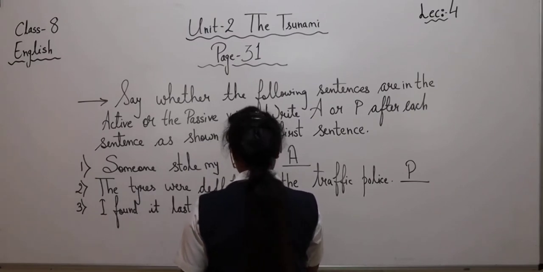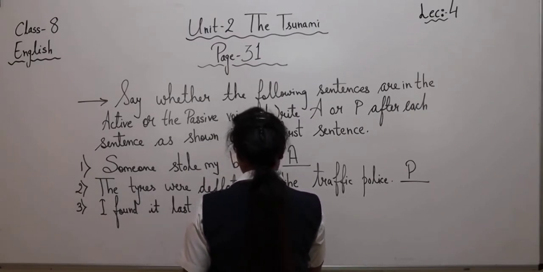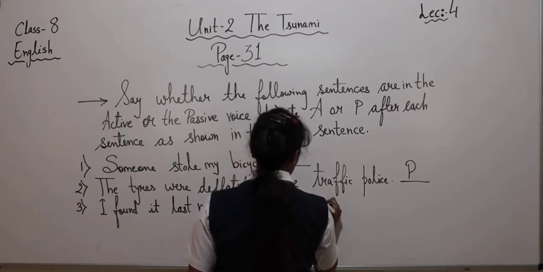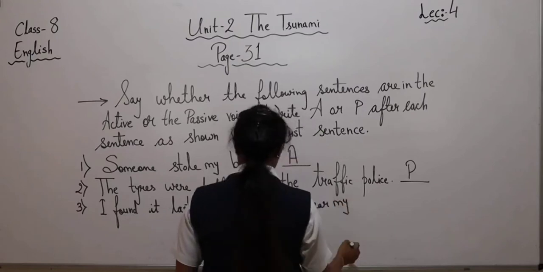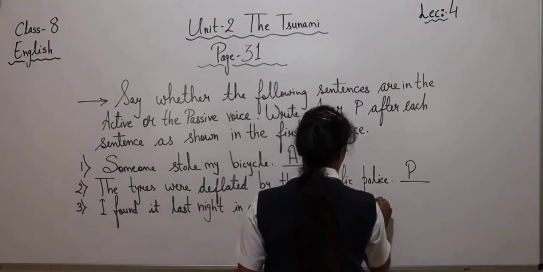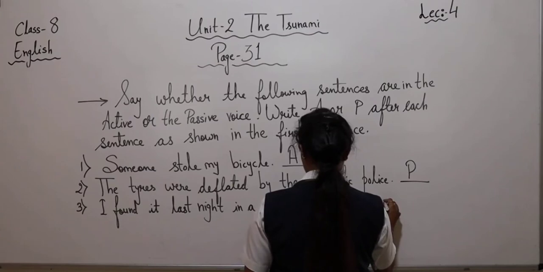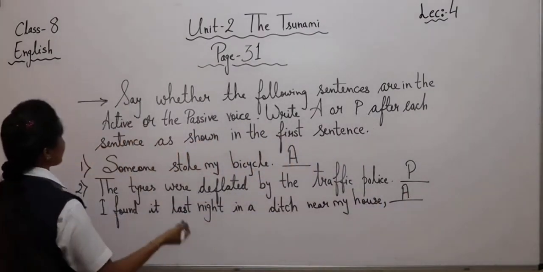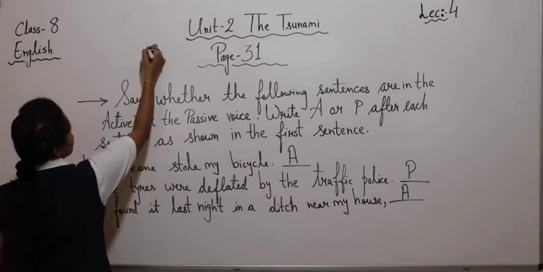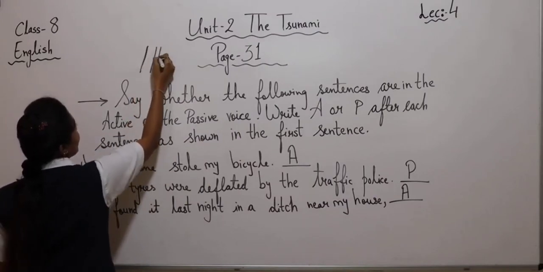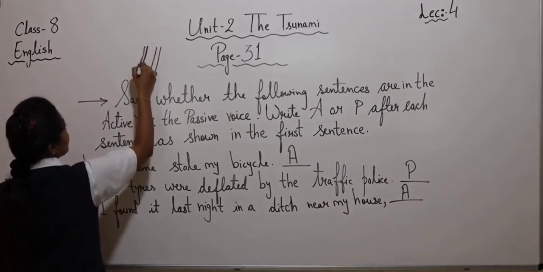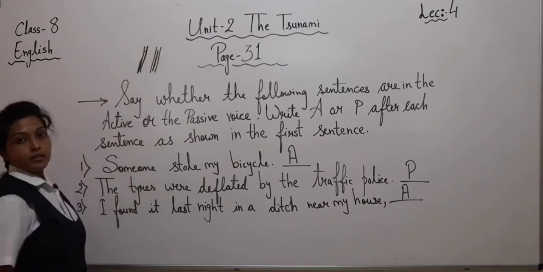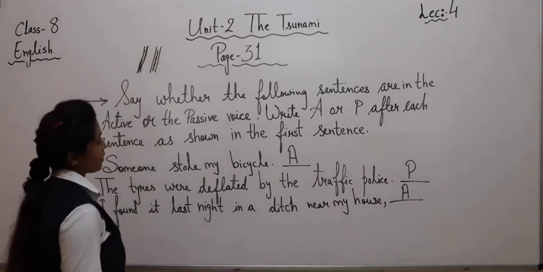We have seen a ditch near my house. It's active voice. What is a ditch? A ditch is a narrow canal. We can see the road, and the narrow canals on both sides of the road, from where the water falls. Yes, that is a ditch.